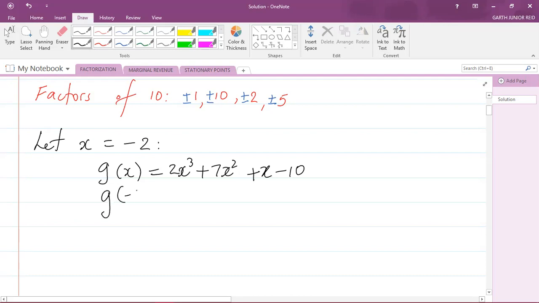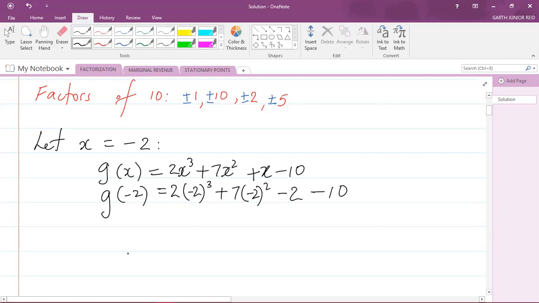So we have g of negative 2 equal to 2 multiplied by negative 2 cubed, plus 7 multiplied by negative 2 squared, and then x here is negative 2, minus 10.